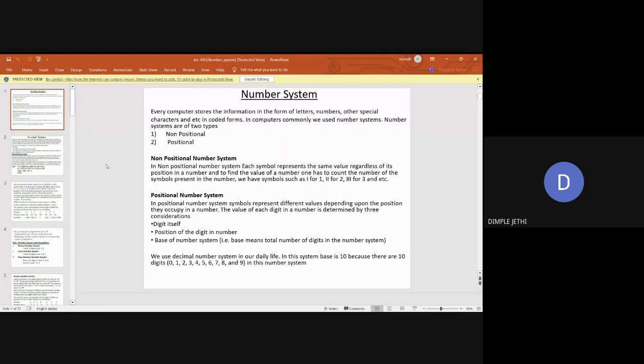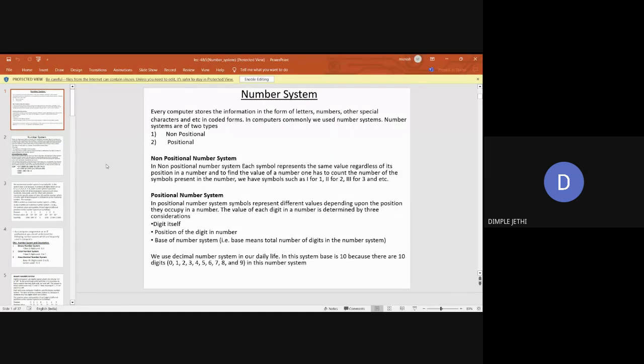So first of all, what is number system? Number system means we use some number system in our daily life, right? So first of all, the number systems can be divided into two categories. One is positional number system and second is non-positional number system, right? Now, what do you mean by positional and non-positional?